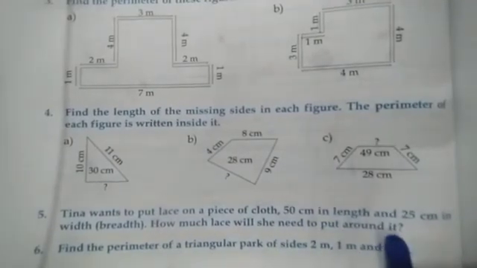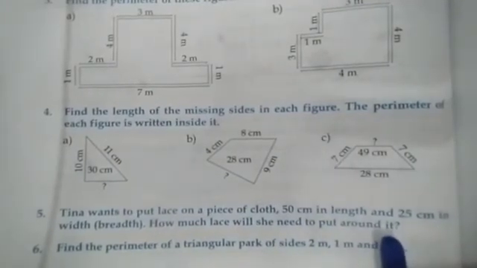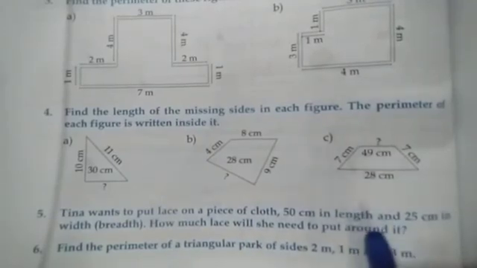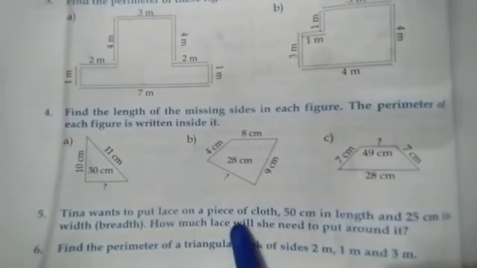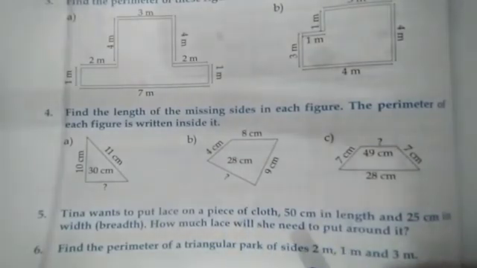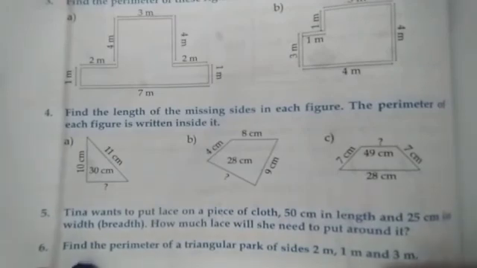Then how much lace does she need? The length of the lace means the perimeter of this cloth, which is in the shape of a rectangle. So the perimeter of the rectangle is equal to the length of the lace.